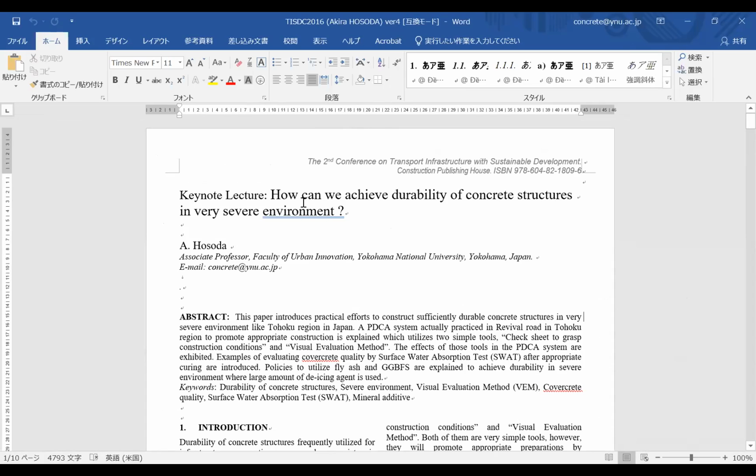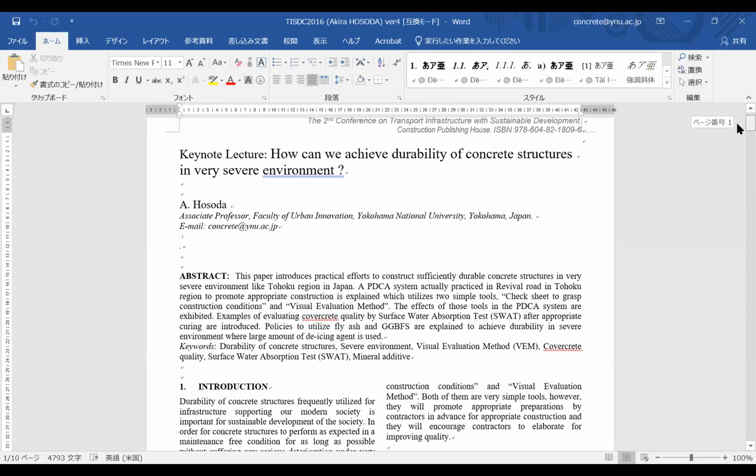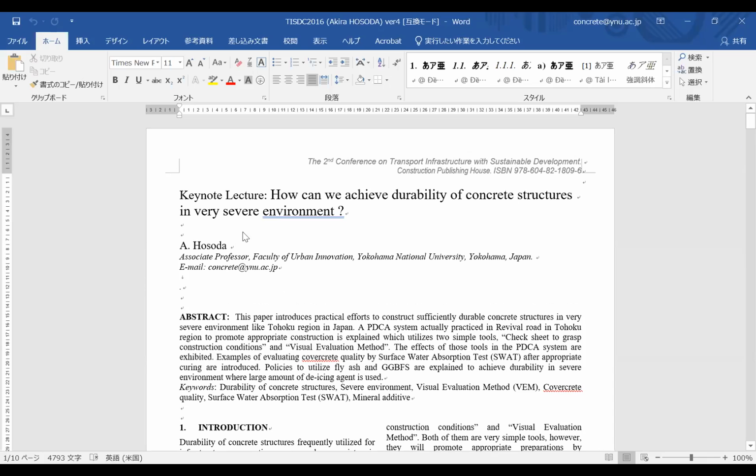That title is directly related to this lecture. How can we achieve durability of concrete structures in very severe environment? At that time, I was an associate professor.